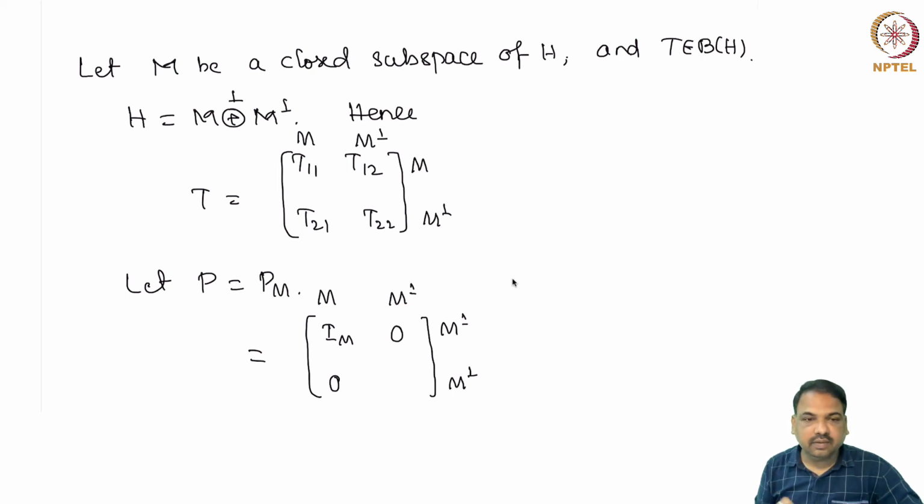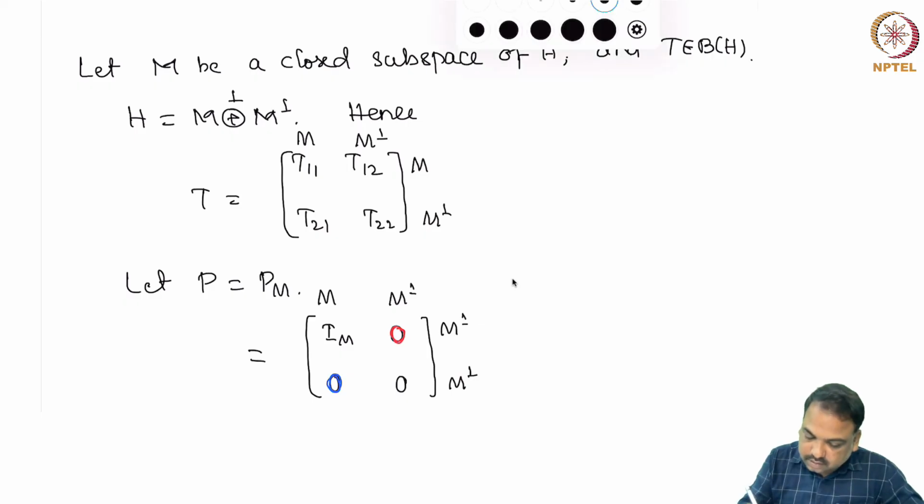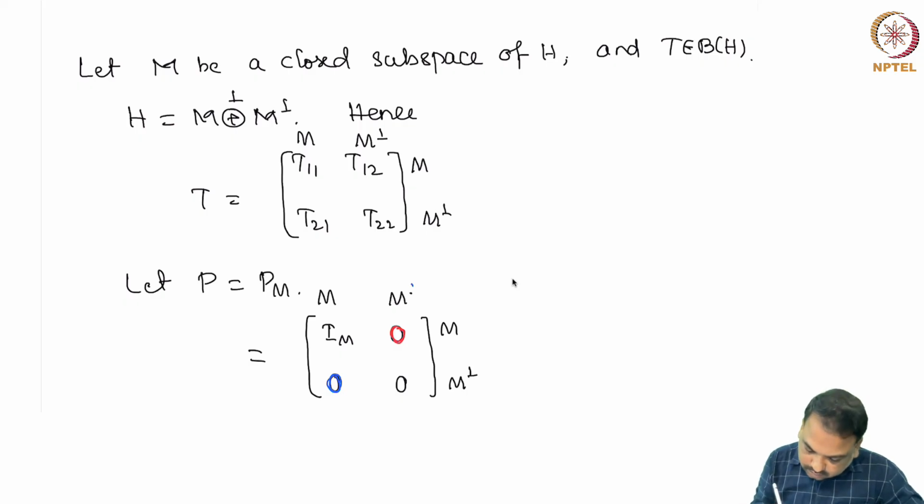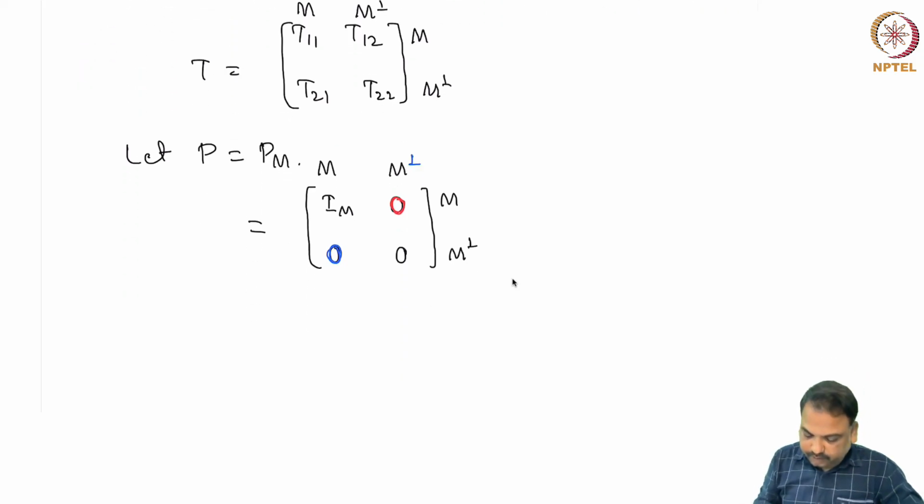So M perp is the kernel for P, so this is also 0. So note that this is a 0 map from M perp into M, and this is a 0 map from M into M perp. So this is M perp, this is M.